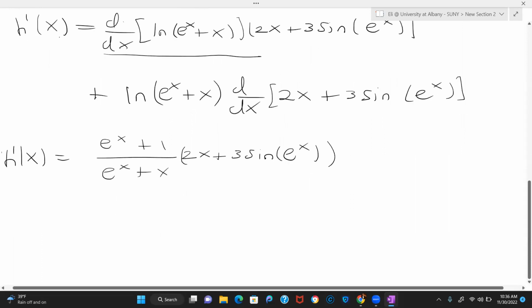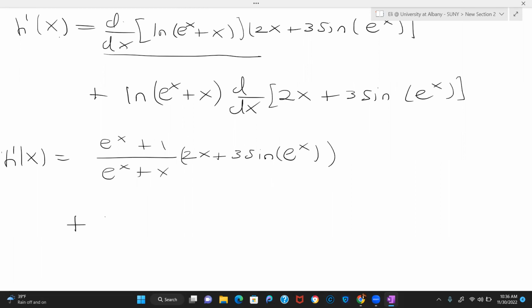And now we're going to add to that this other piece. So ln of e to the x plus x. I'm going to take this derivative right here. So the 2x becomes just 2. And then the 3 sine e to the x.